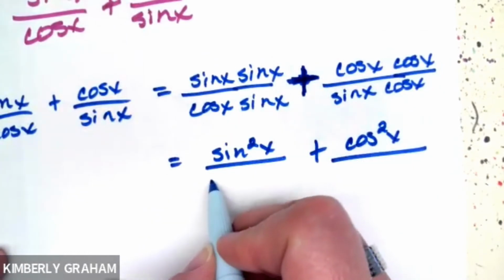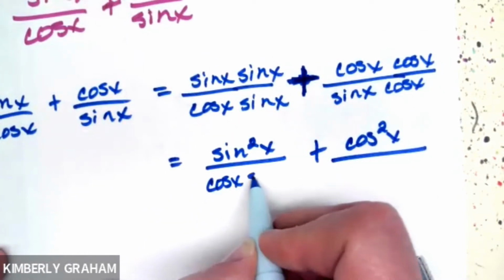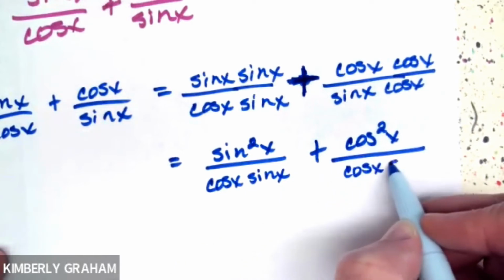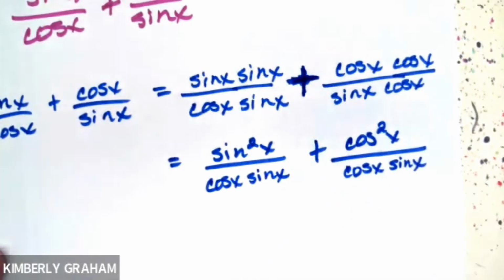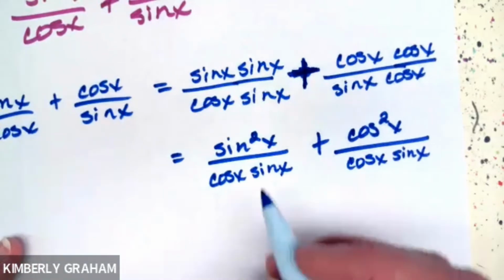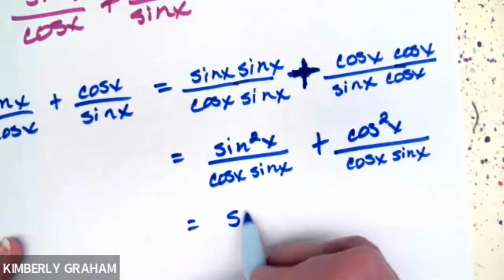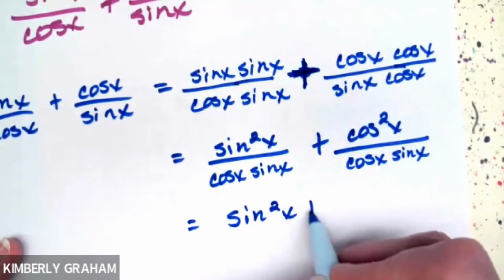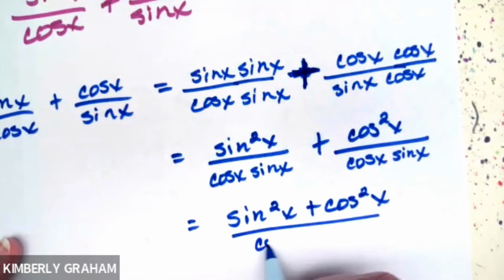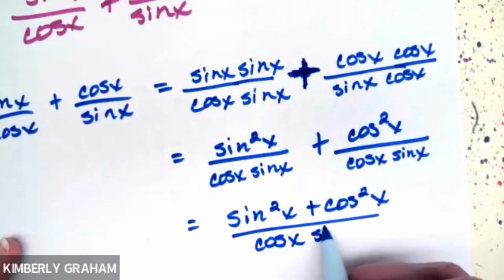Let's stick with cosine first, just because that's what it is here. Now I have two fractions with common denominators, so I can add these two together. So I have sine squared x plus cosine squared x over cosine x sine x.